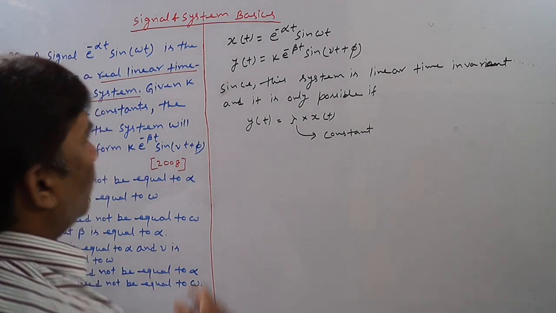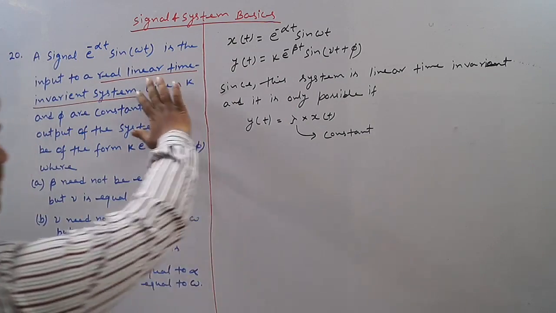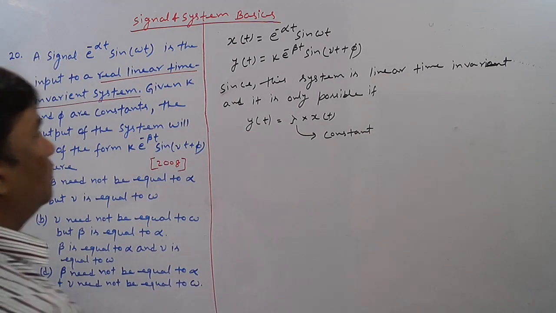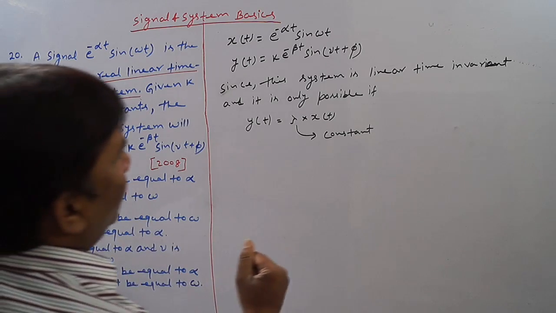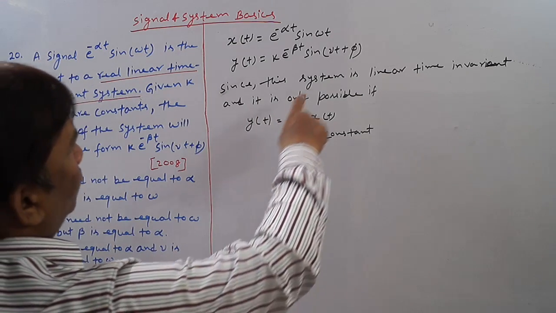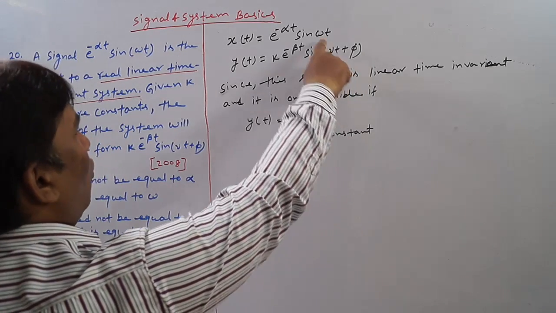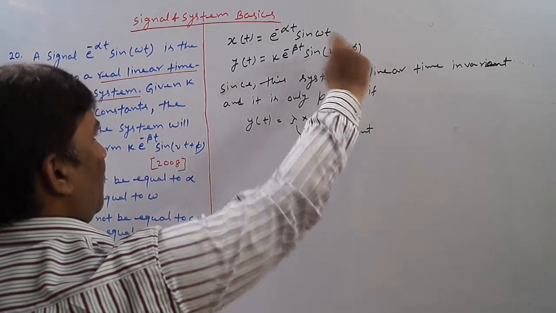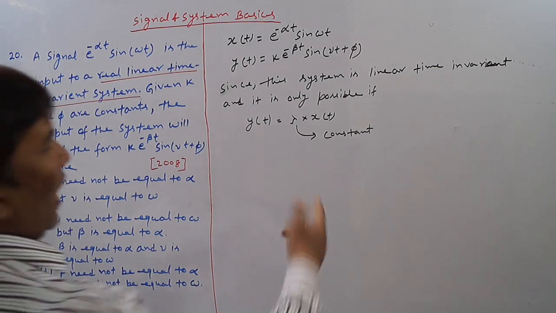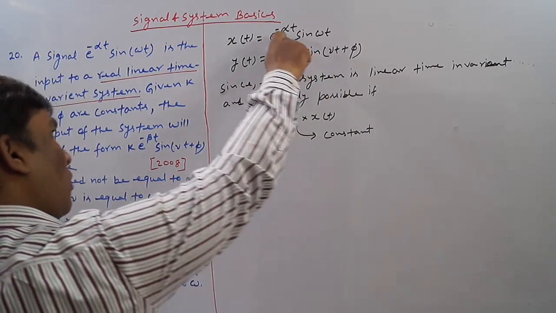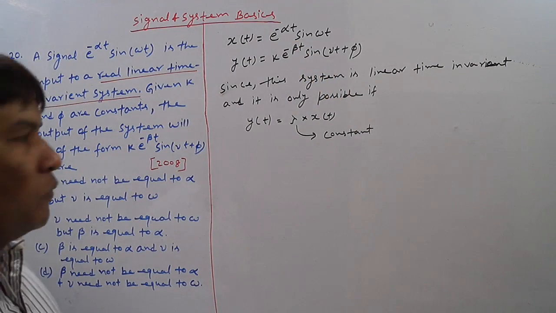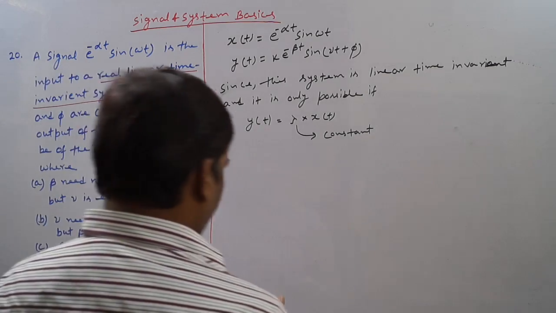So for the given system to follow this equation, what do we need? We need this nu to be equal to omega, because phi is some constant, and this beta must be equal to alpha.